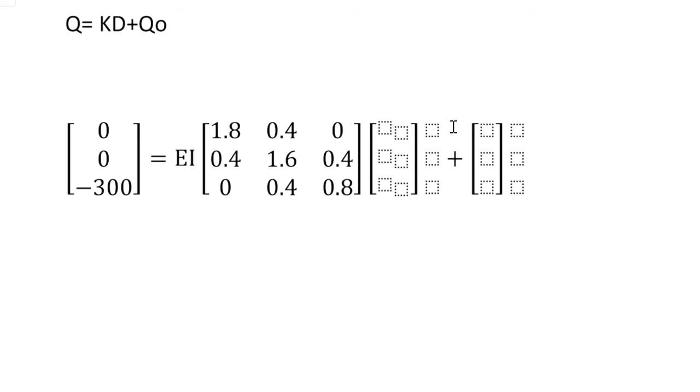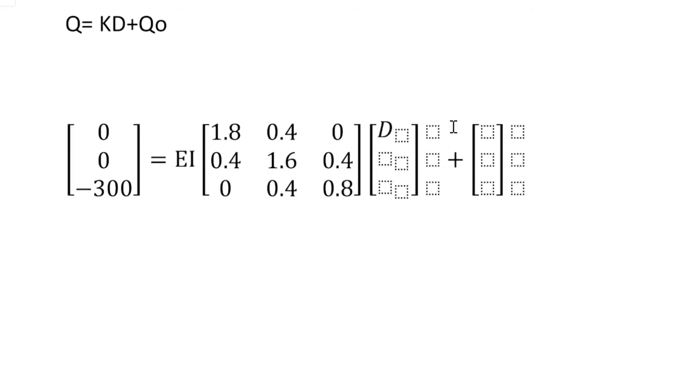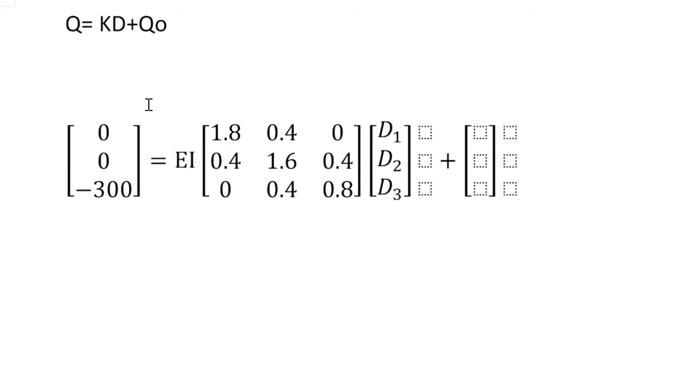For the degree of freedom, we only consider 1, 2, 3. This is just the label for the degree of freedom in the unconstrained system.